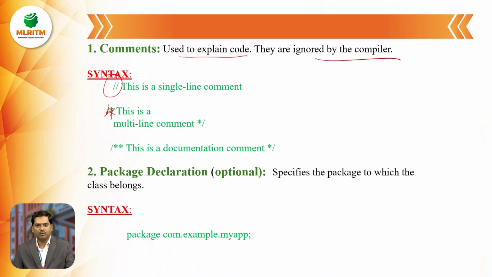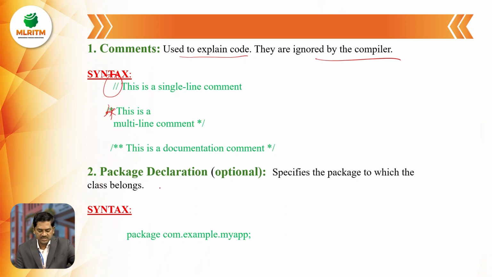If you want to make a complete file a comment, it is treated as a document comment, with a slash and double star, and ends with a star and slash. This is the syntax if you want to comment a particular line, multiple lines, or the complete document.